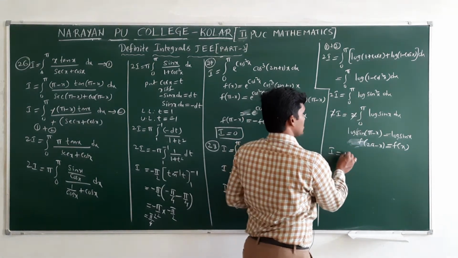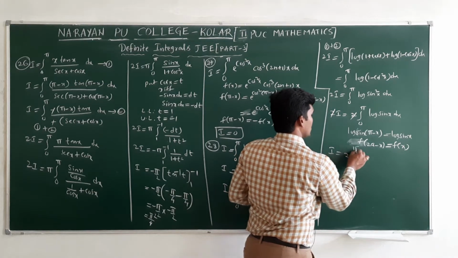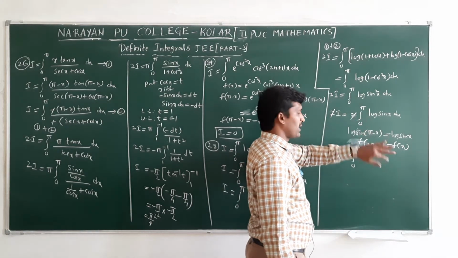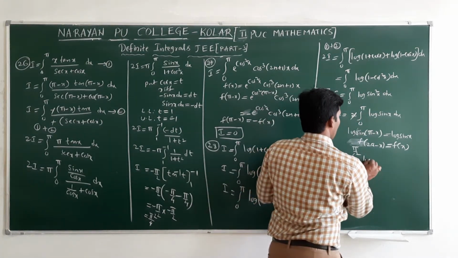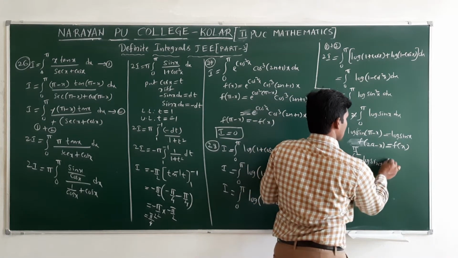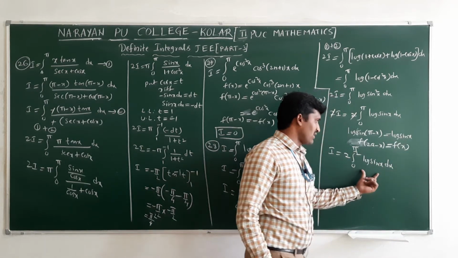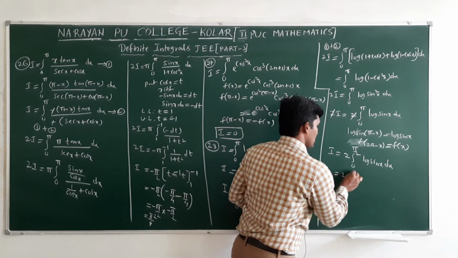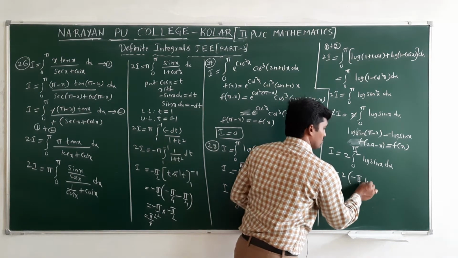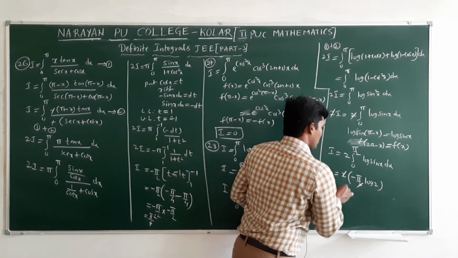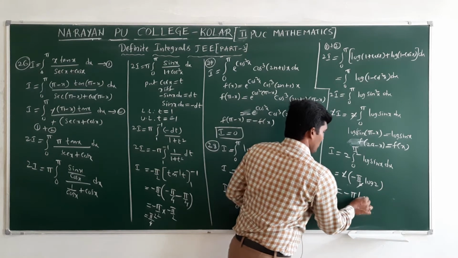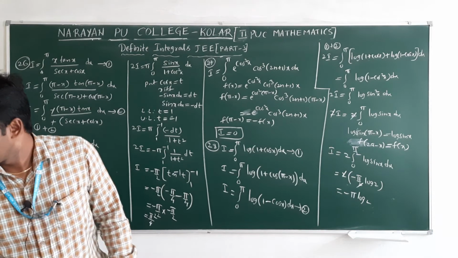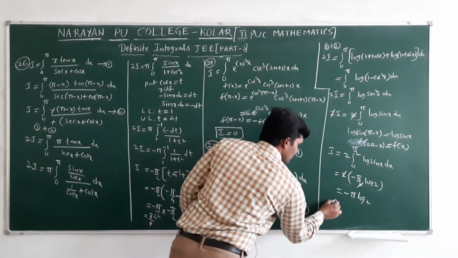So 2 into integral 0 to 2a, half is pi by 2, of log sin x dx. Already in the synopsis we have given this standard value: integral 0 to pi by 2 of log sin x dx is minus pi by 2 log 2. The 2 cancels. The answer is minus pi log 2, that is option B, the correct one.